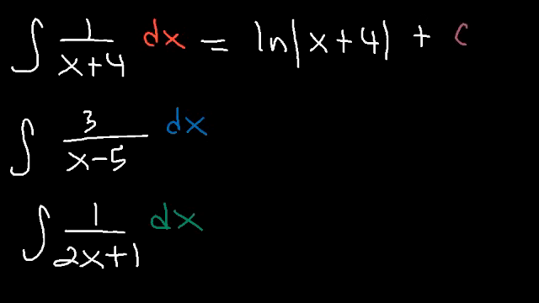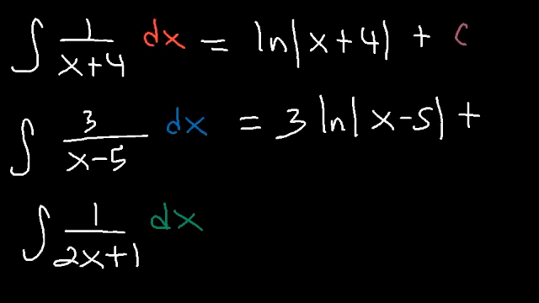Now what about the second one? This is going to be 3 times the natural log of the absolute value of x minus 5 plus c. Now the last one, whatever's on the bottom is going to be on the inside of the natural log. So it's going to be ln of 2x plus 1.